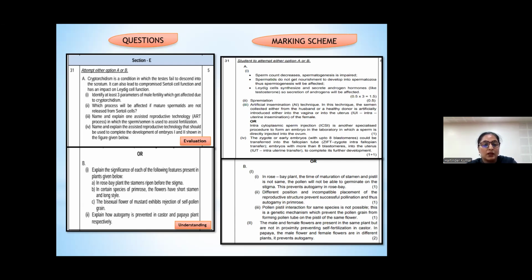This is a case of a condition in which the sperm count decreases and the child has to answer the question accordingly. That is, the child has to identify the parameters. The child has to see whether the disease the person is suffering from is related to any condition in which he cannot give the sperms. He has to say which assisted reproductive technology will suit the person.